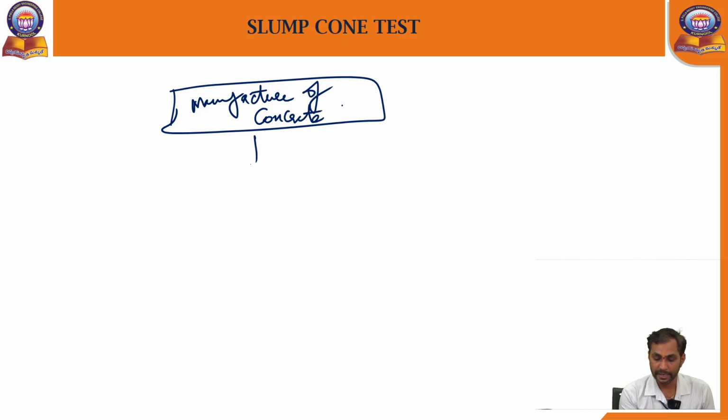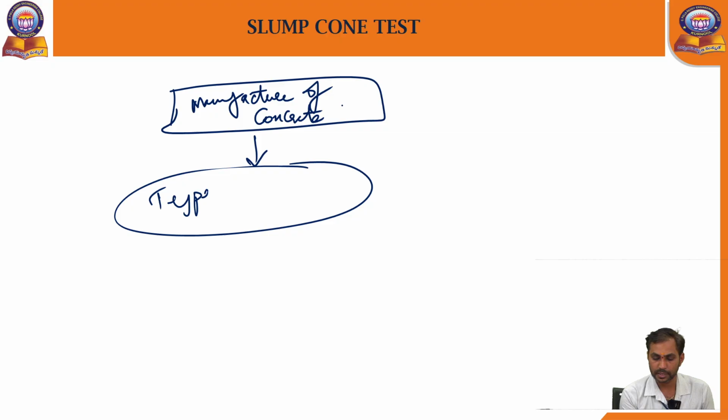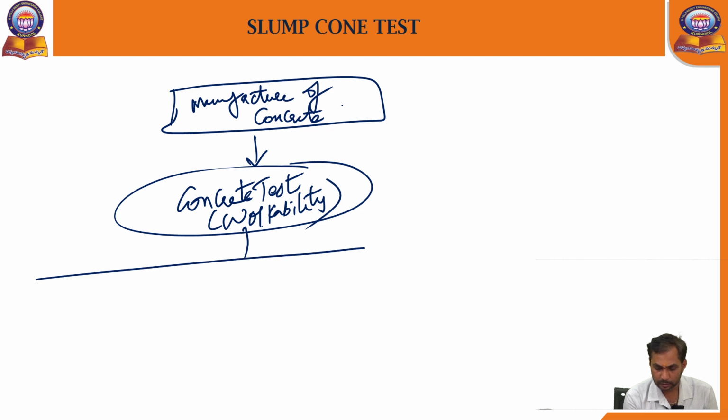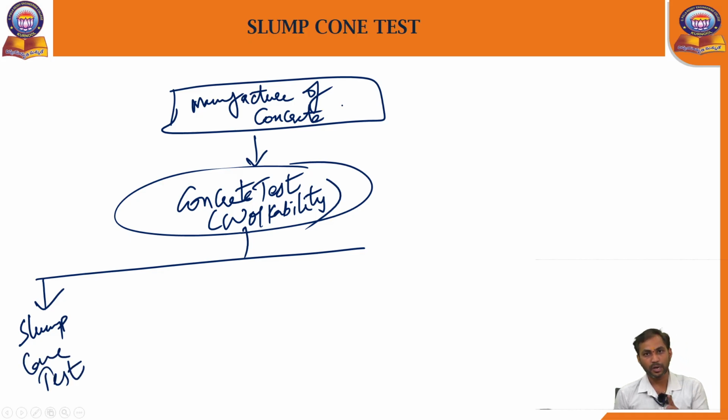Then only we follow the workability test. Whatever workability test it may be, if you are going to conduct the slump cone test, you have to prepare the manufacture of concrete.